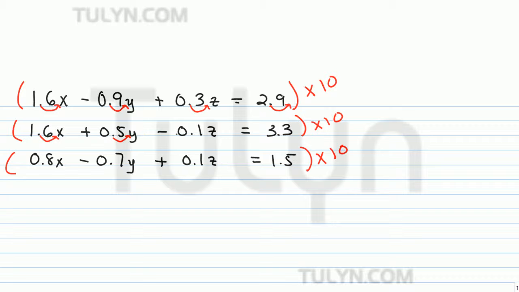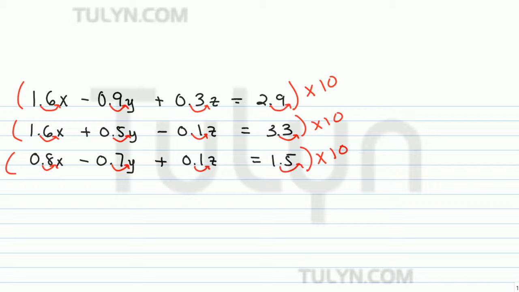So it's going to make all of these decimal values into whole numbers. And therefore we wouldn't have to worry about the decimal problem anymore. It would look more like the system that we're used to with integer coefficients.